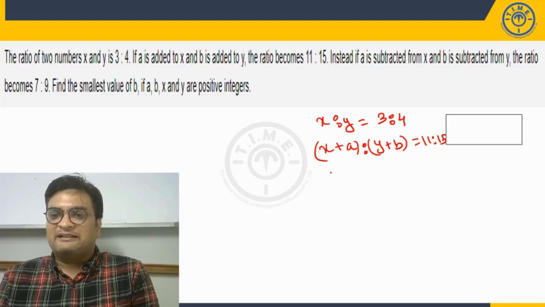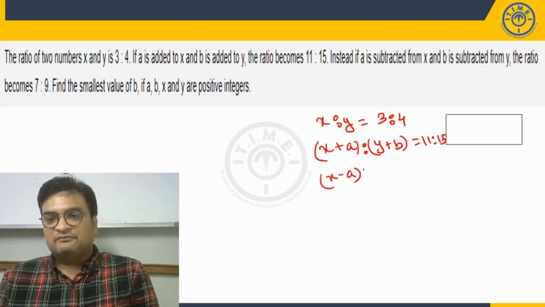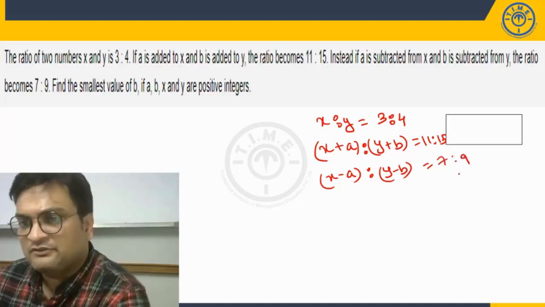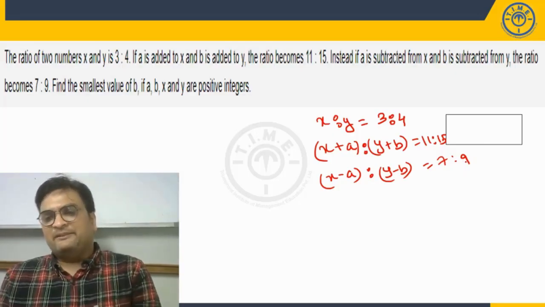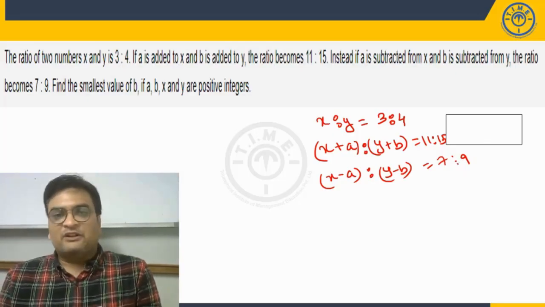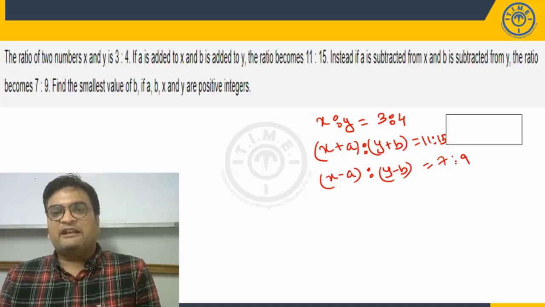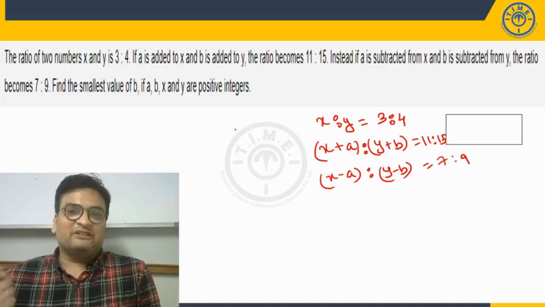Instead, if a is subtracted from x and b is subtracted from y, the ratio becomes 7 is to 9. Find the smallest value of b if a, b, x and y are positive integers.